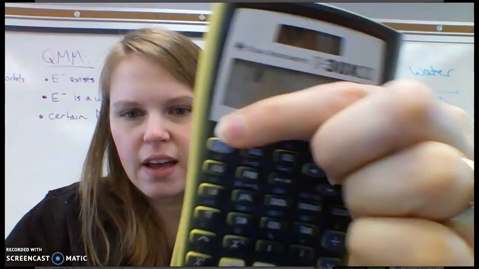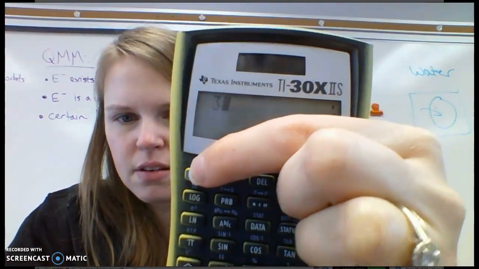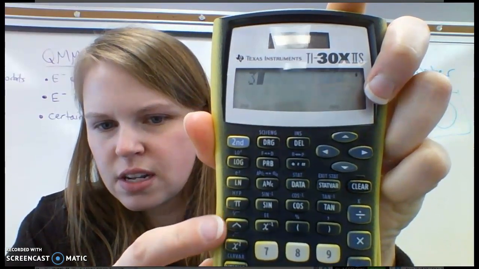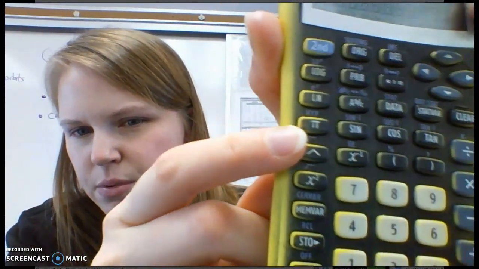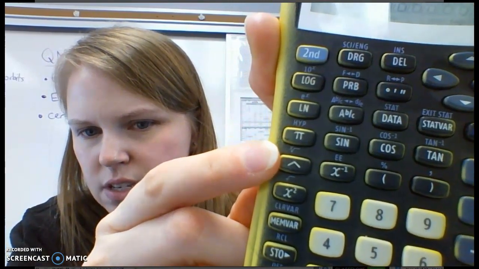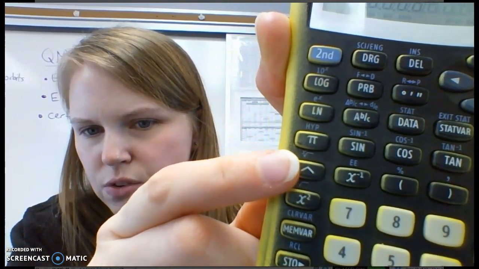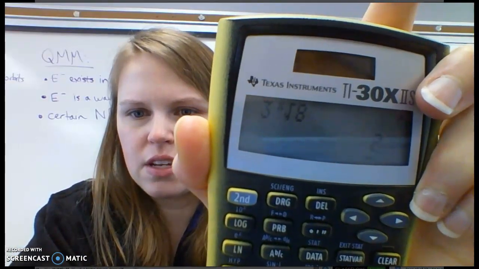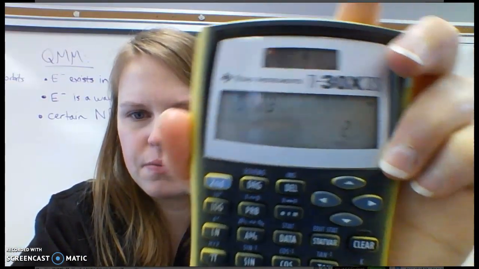When I press the second button, it gives me extra button answer options, and then I type the caret. Do you see that symbol there? The caret looks like a rooftop, and we want the little square button right above it. So when I press that, I get this symbol, and now I can put an 8, and when I hit enter, I get 2 as my answer.